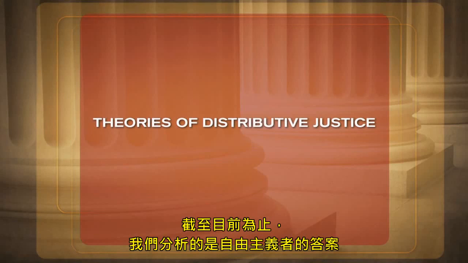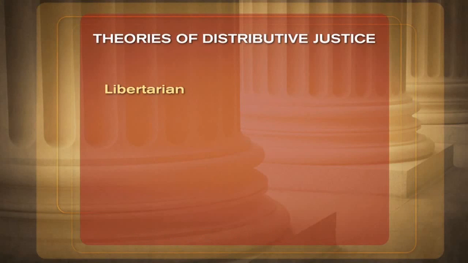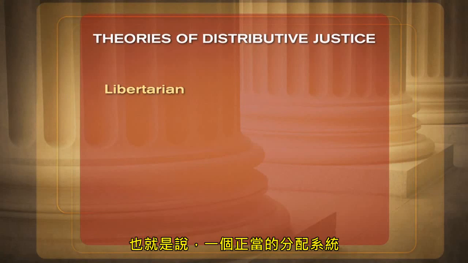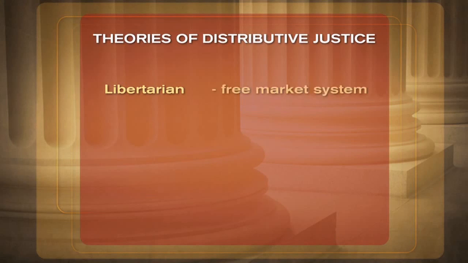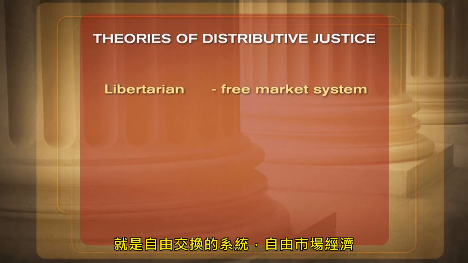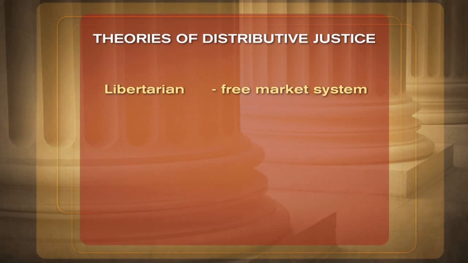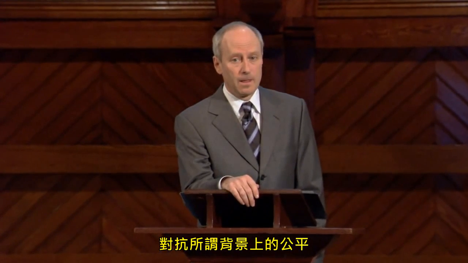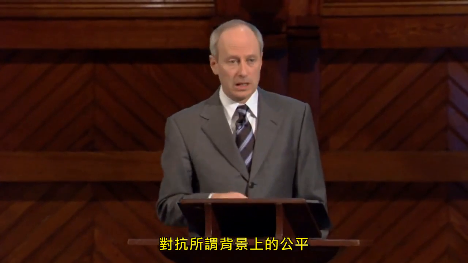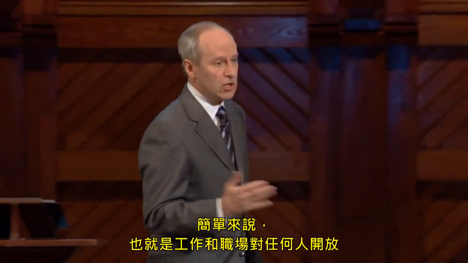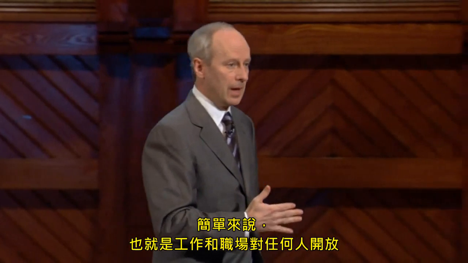And so far we've looked at the libertarian answer that says the just system of distribution is a system of free exchange, a free market economy, against a background of formal equality, which simply means that jobs and careers are open to anyone.